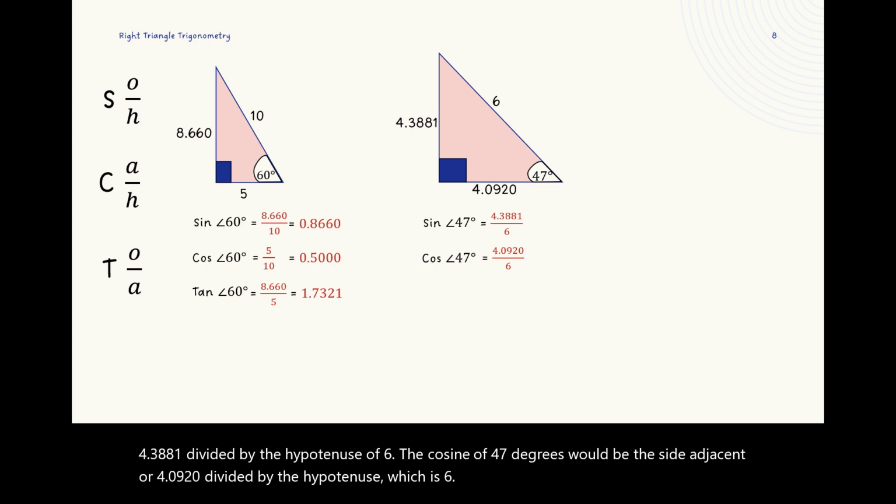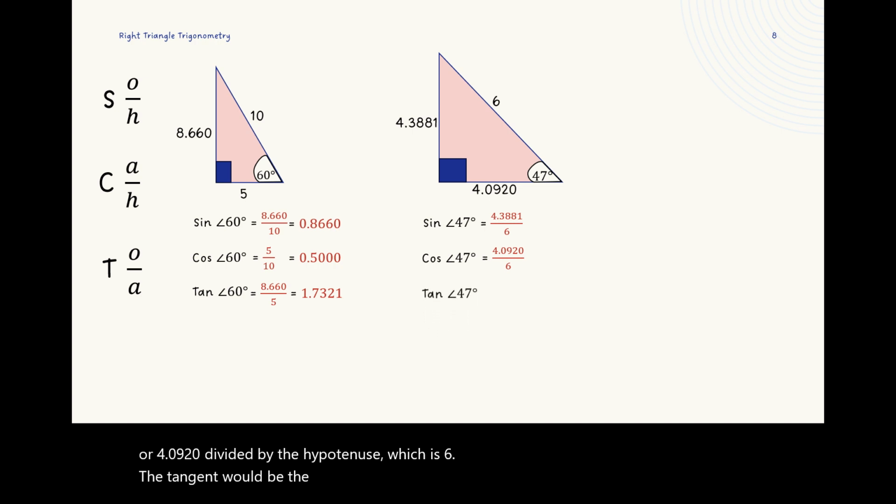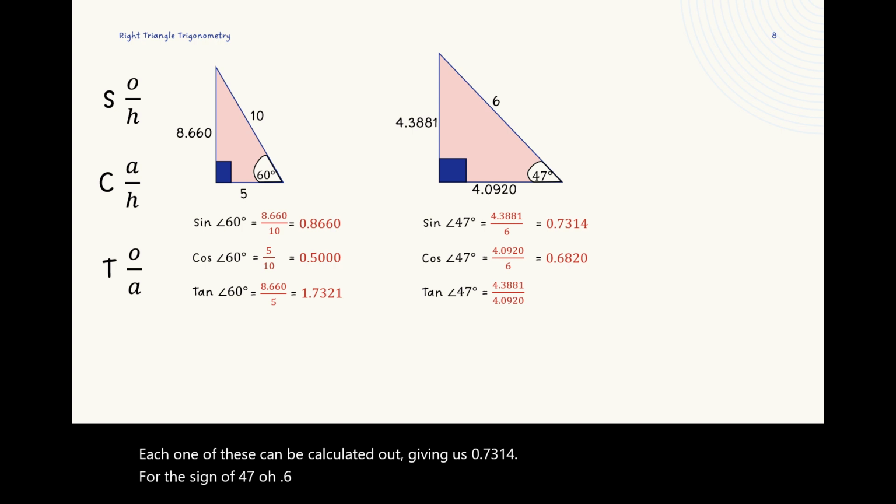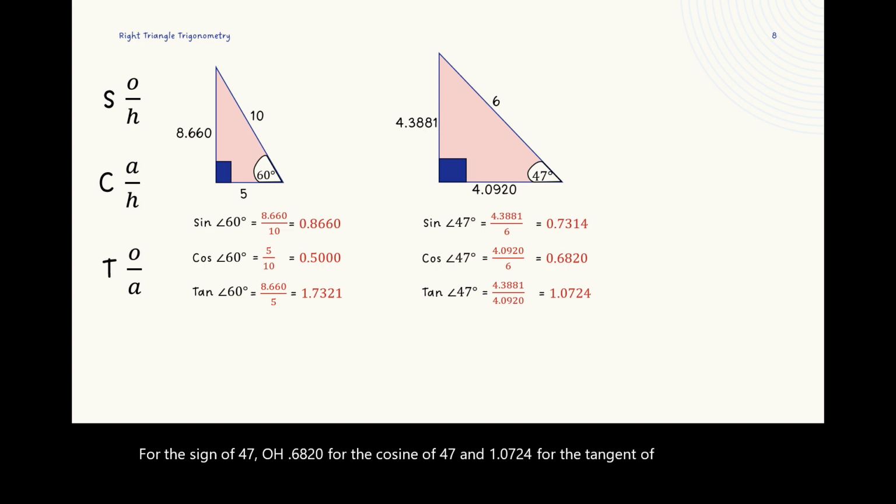The tangent would be the opposite over the adjacent, or 4.3881 over 4.0920. Each one of these can be calculated out, giving us 0.7314 for the sine of 47, 0.6820 for the cosine of 47, and 1.0724 for the tangent of 47.